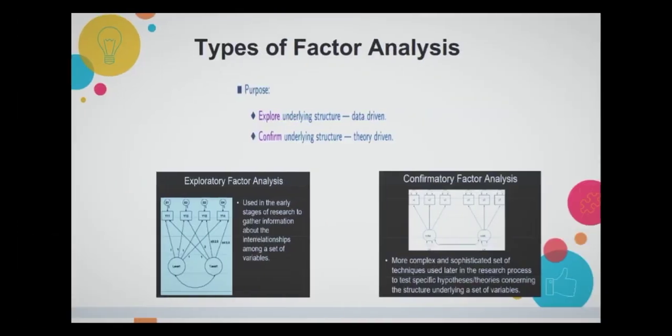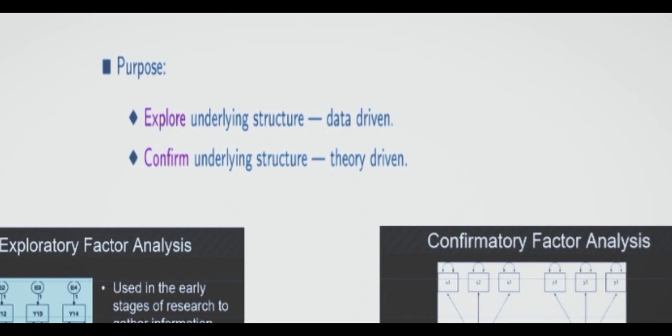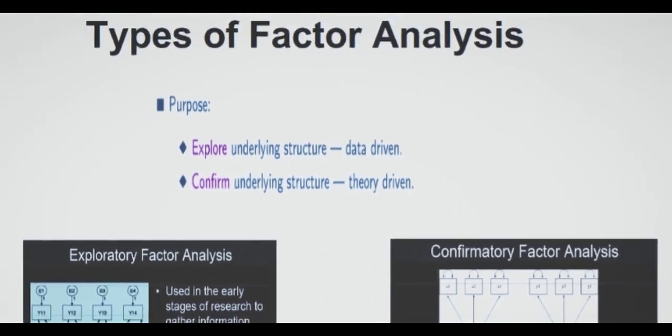Okay, so actually we have two types of factor analysis. Exploratory factor analysis dipanggil EFA, ataupun confirmatory factor analysis dipanggil CFA. So apa yang you dah belajar sebelum ni, kita gunakan principal component kan. Hari ni nak gunakan maximum likelihood method.